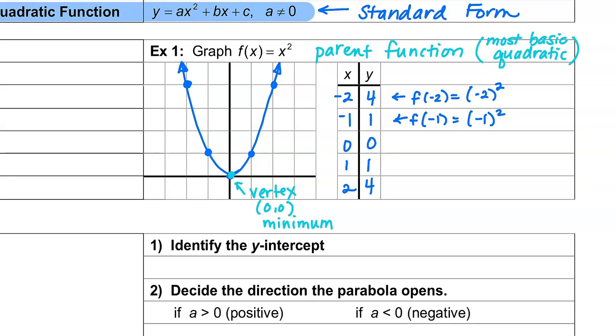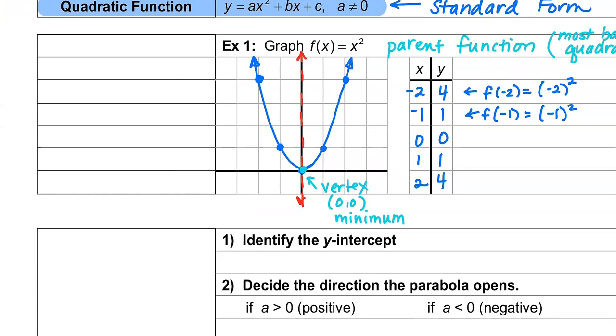Another part of the graph that's important for us to see is there is a line that it's symmetric about. We call this the axis of symmetry. So a lot of the lesson today, I'll abbreviate it as AOS, axis of symmetry.